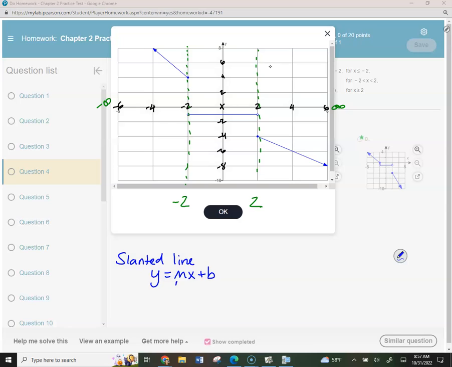So this is your rise over your run. This is where it crosses the y-axis, the y-intercept. The hard part is you only have a piece of the graph. You don't have the entire graph. So you have to look at it and you have to count.